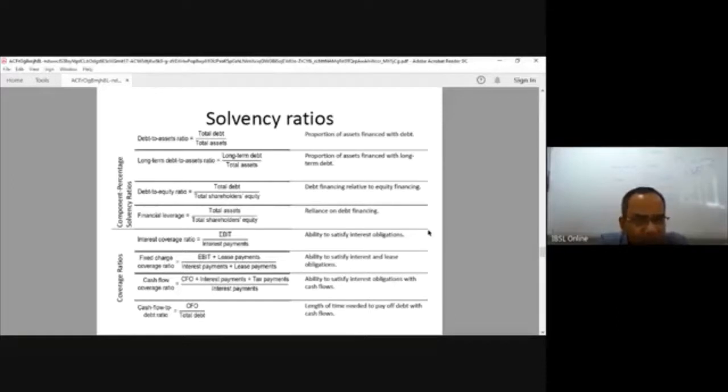But for the repayment capacity, the loan repayment ratio, you will look at EBIT divided by interest and capital, all the other commitments to the banks. You can take the interest alone, or the interest plus capital, to look at the repayment capacity.